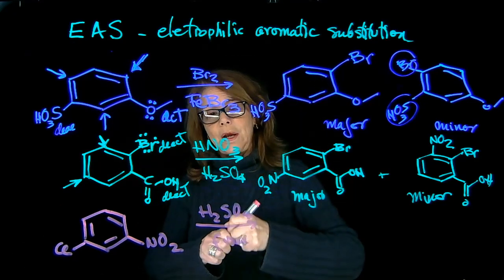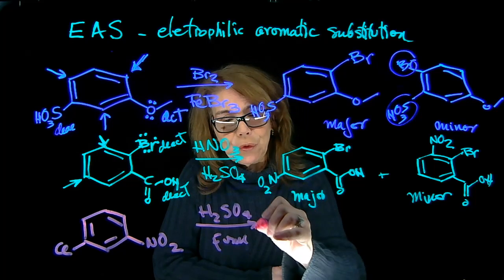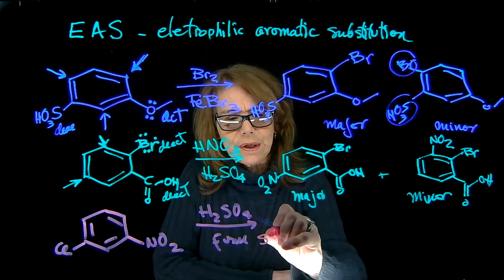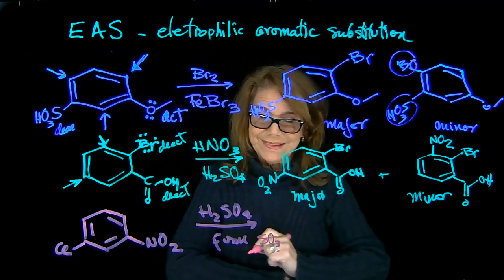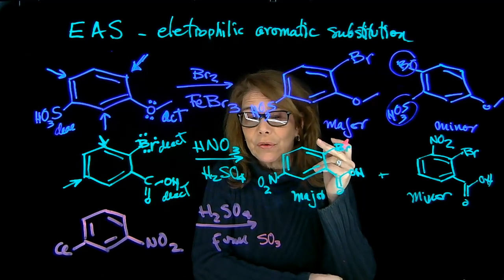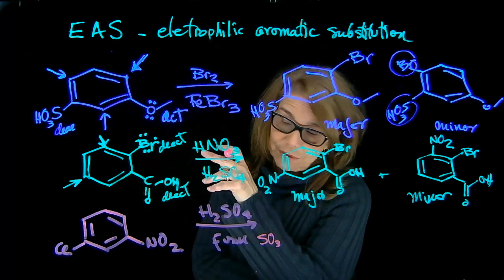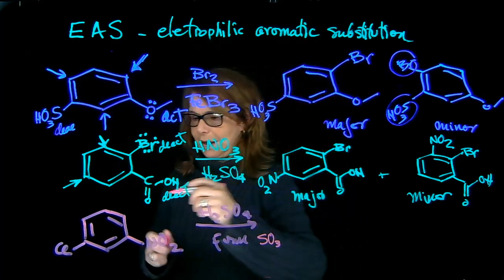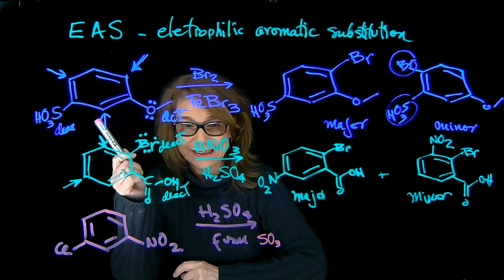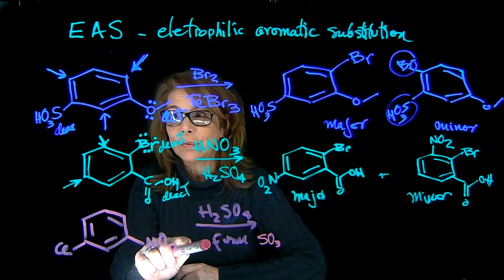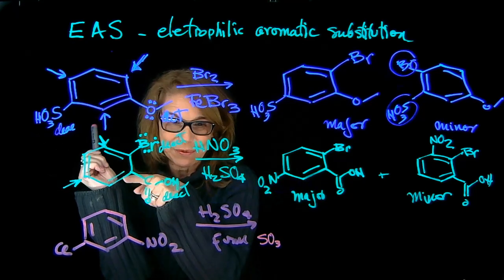Here we have fuming sulfuric acid. Fuming means this is saturated with SO3 gas. This condition is to install a sulfonic acid group at the aromatic ring. So next step, again, we know what we're installing. We're installing one of these, sulfonic group.